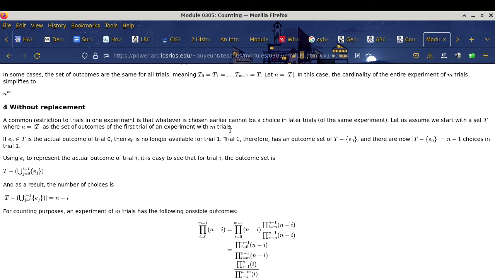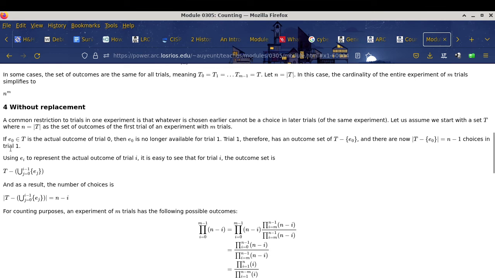But once you have chosen the first marble, you set it aside, and now you want to pick again. The second trial only has 69 minus 1, or 68 marbles, because the first one is not available to you anymore. Is that okay? Does that make sense? All right?